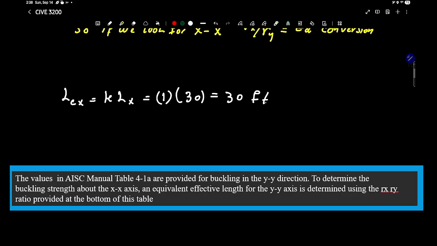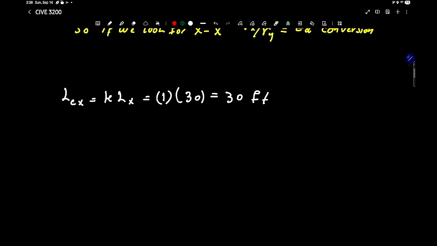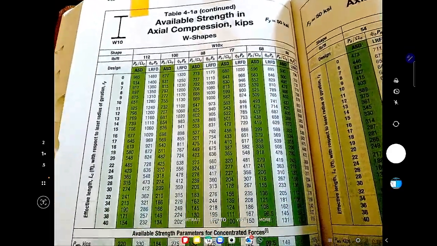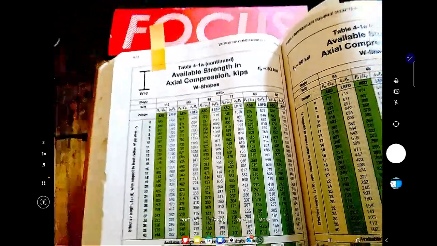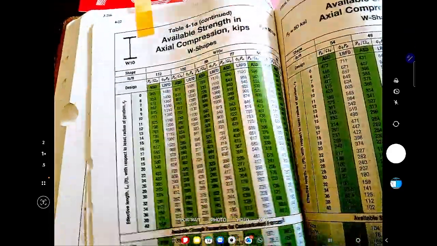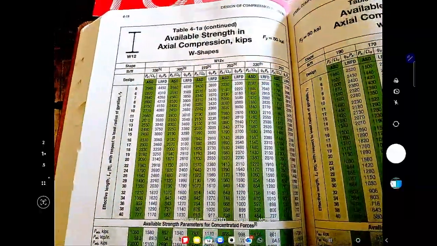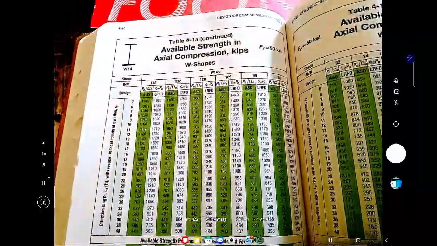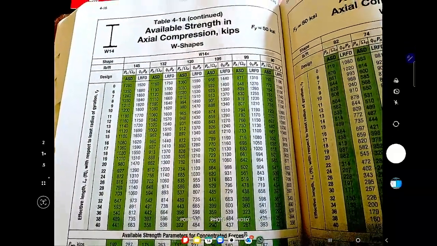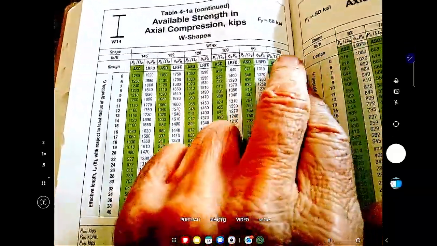However, remember, let's go to table 4-1a for a second. Table 4-1a, where was it? Table 4-1a, that is for W10. Let's go to W14. Okay, we're looking at W14, and W14 by 90 is the one way up here.